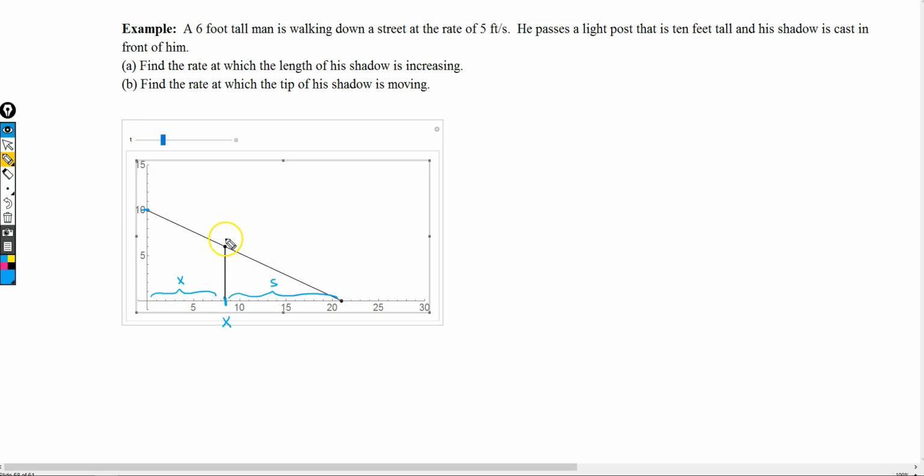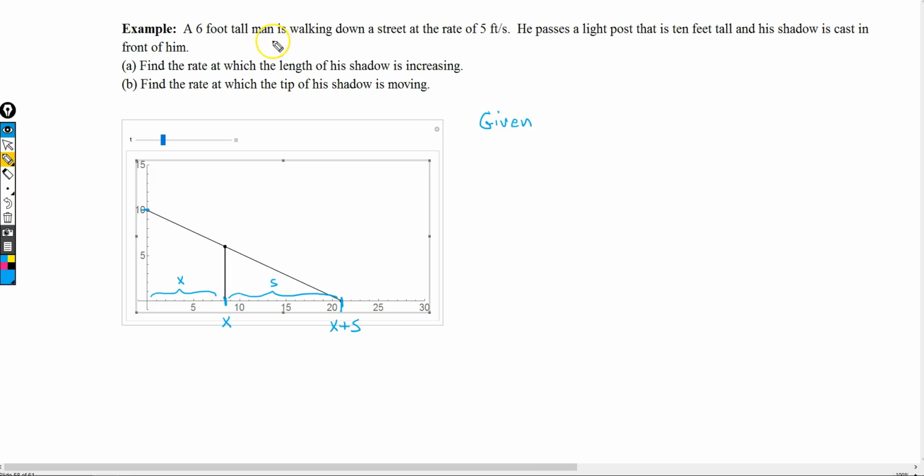Now let's see what we're given and what we want to find. I think we have everything labeled here that we can label. The only thing is that point right there. We could label that point as X plus S. If this distance is X, and that's S, that point on the x-axis is X plus S.